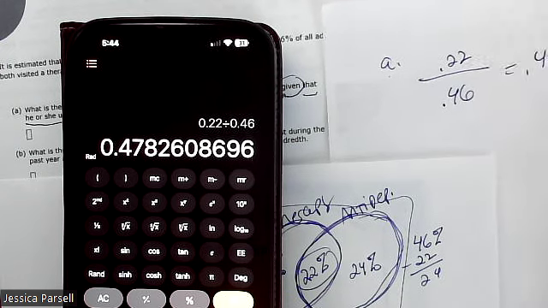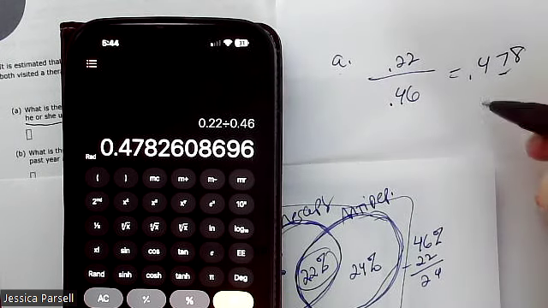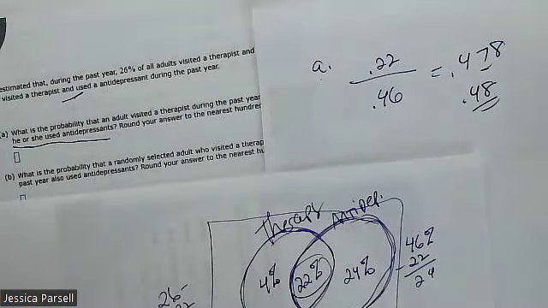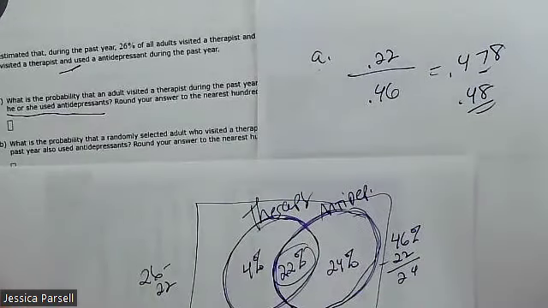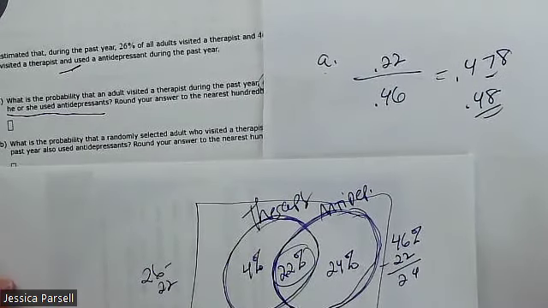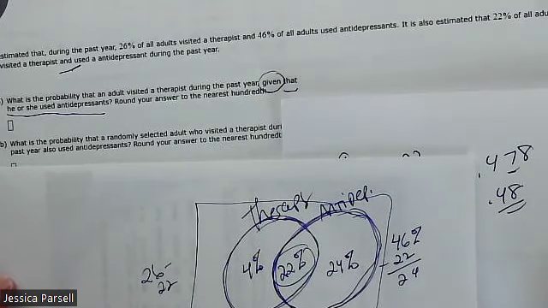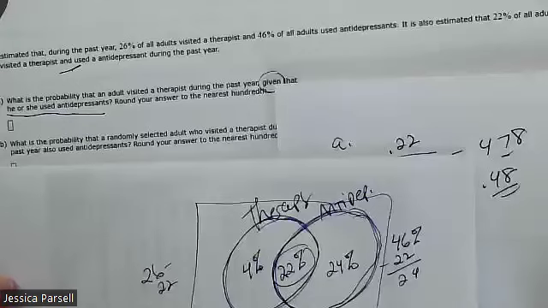They want us to go to the nearest hundredth, so this should be 0.48. So a 48% chance that you would select somebody from this scenario who had visited a therapist during the past year, but upon the condition that they had used antidepressants.